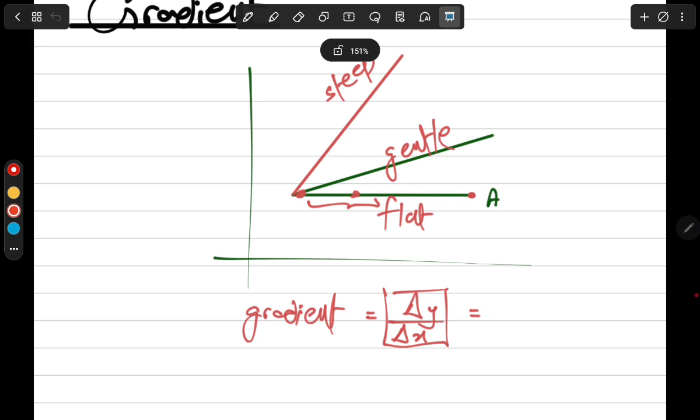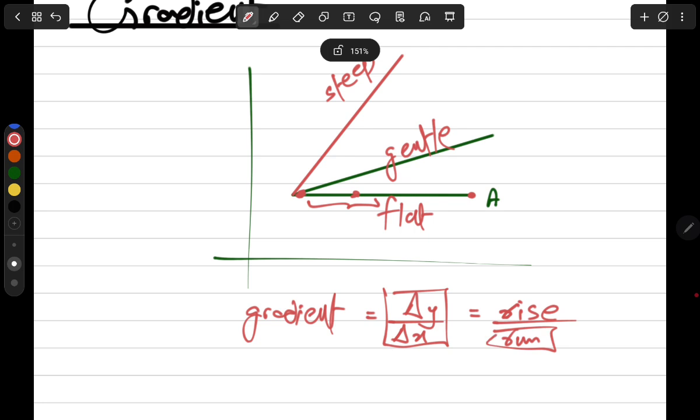Now, what does gradient really measure? It's not just the use of a formula, but it measures the steepness. We also call this change in y over change in x. And I'm pretty sure you guys have done this, rise over run. So how much does it rise when you run by a single unit?